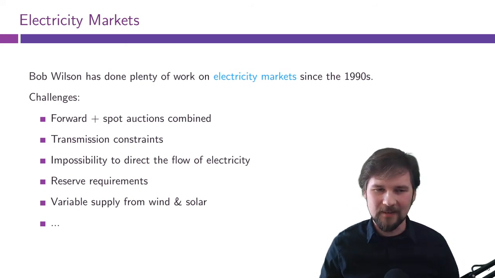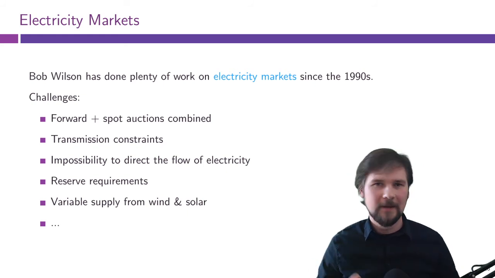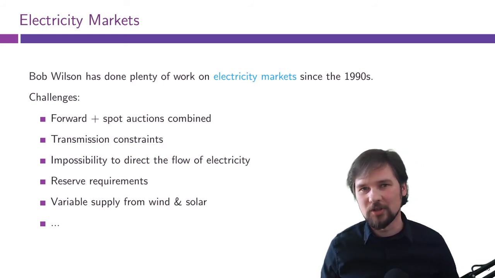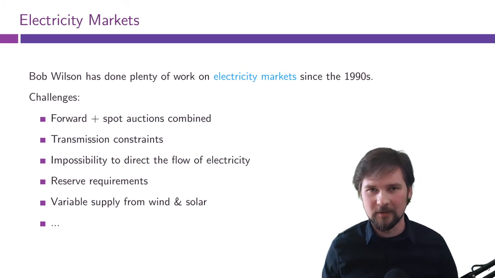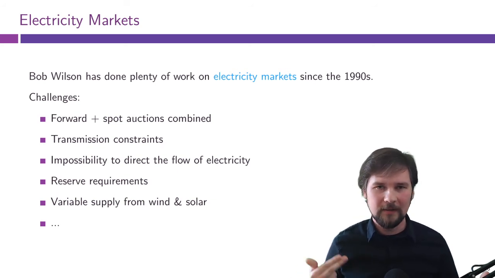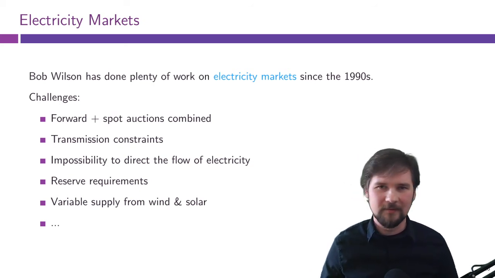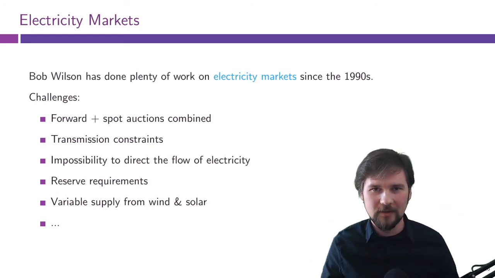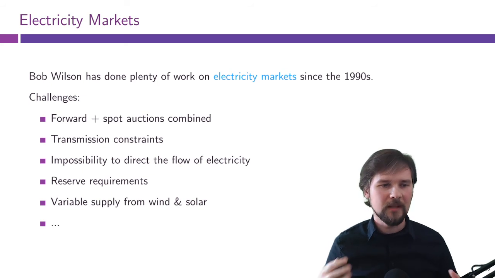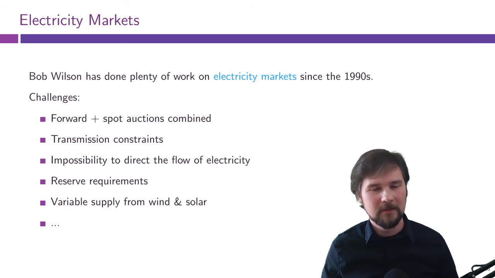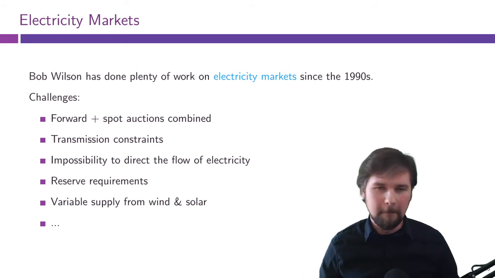You have a lot of technical constraints, such as transmission constraints on how much electricity the infrastructure can carry from one point to another. Then there is complexity in the impossibility to direct the flow of electricity. You cannot deliver electricity from point A to point B. You can only deliver electricity to the grid or from the grid. Then you have various reserve requirements, which are also very difficult to accommodate because, in principle, reserve generators are available to pick up the slack, but they take a lot of time to spin up.